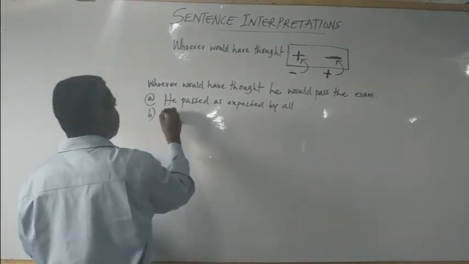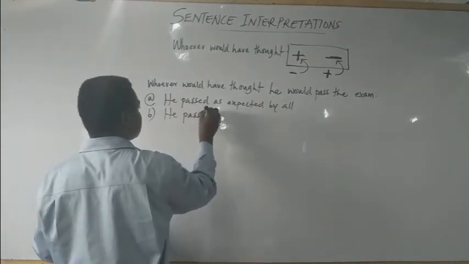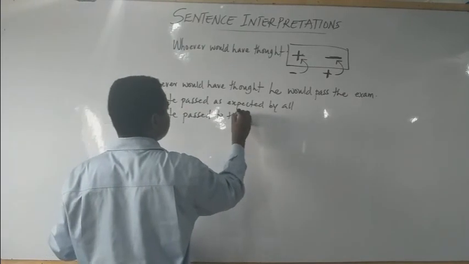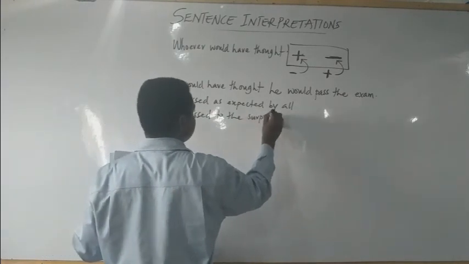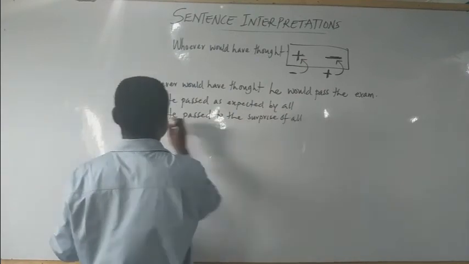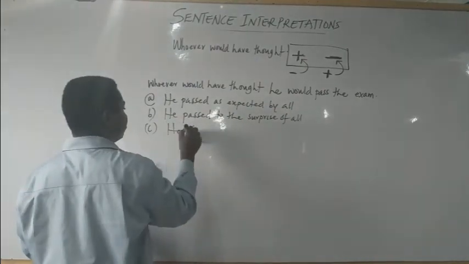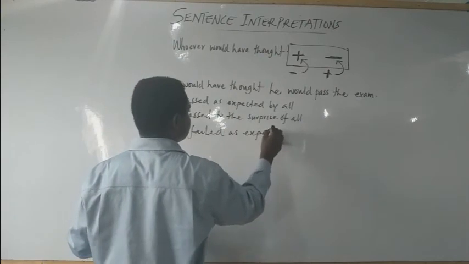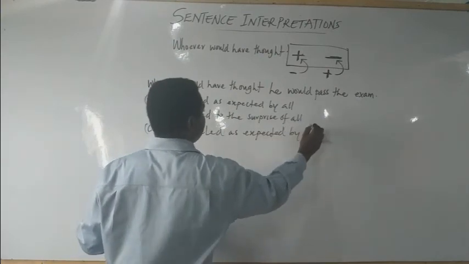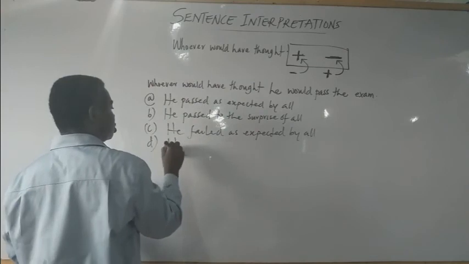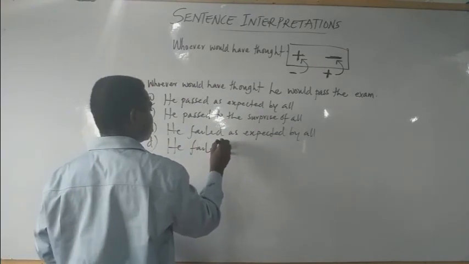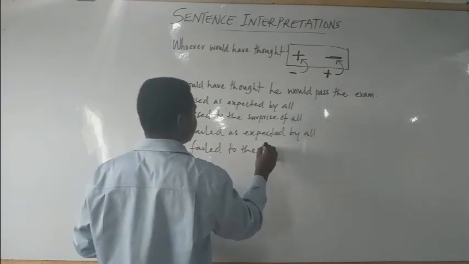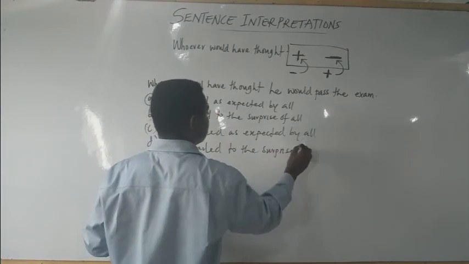B, he passed to the surprise of all. C, he failed as expected by all. D, he failed to the surprise of all.